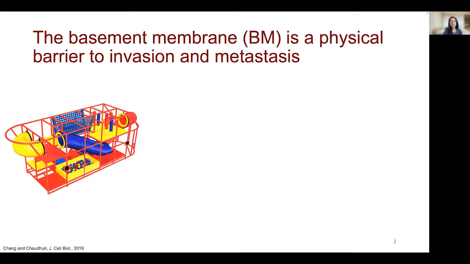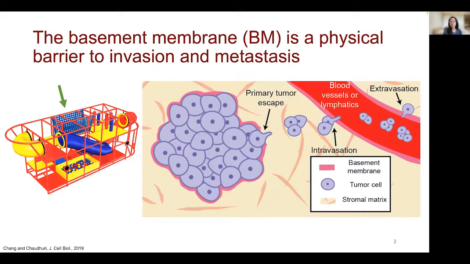However, it would be pretty much impossible for children to squeeze through these mesh nettings in this section of the obstacle course. So the basement membrane is just like this mesh netting shown here. The holes in this netting are a lot smaller than children. And similarly, the pores of the basement membrane are nanometer size, which is too small for cells, which are micron sized, to migrate through.